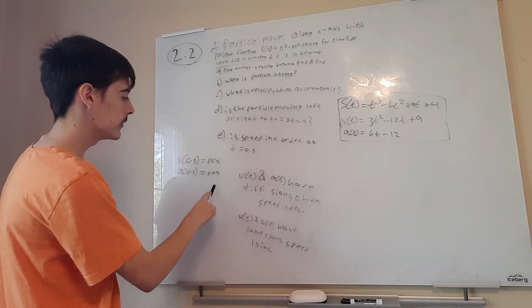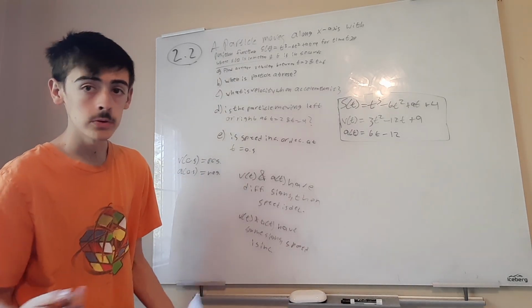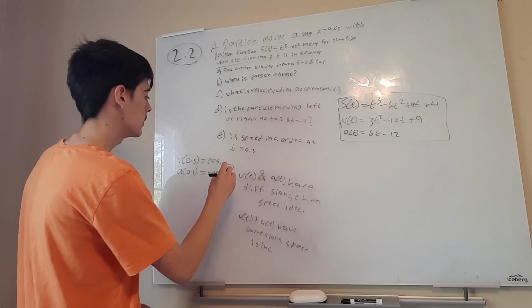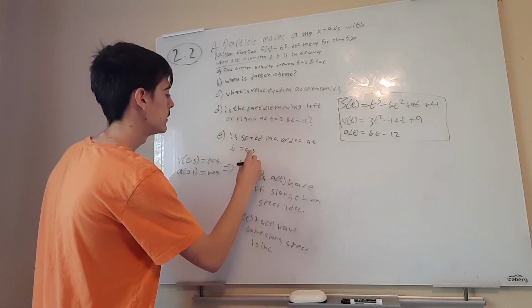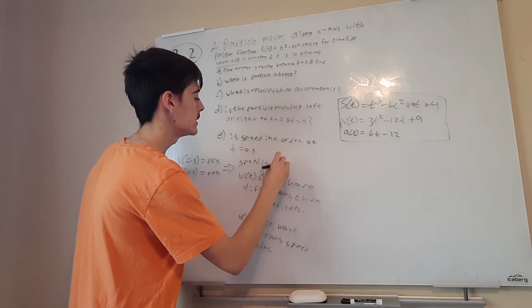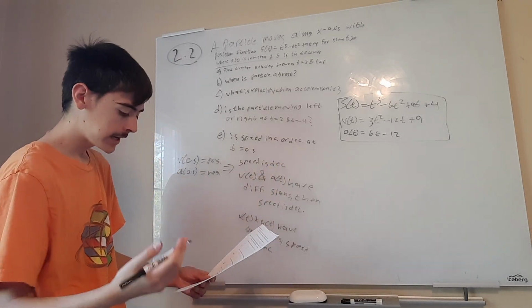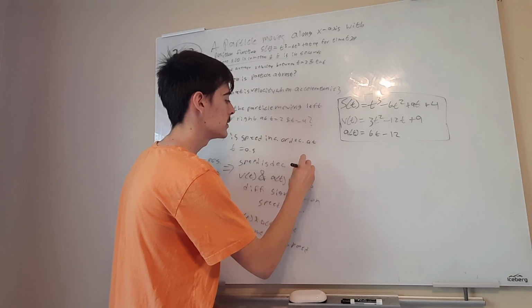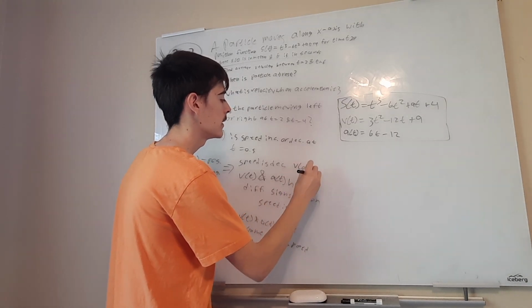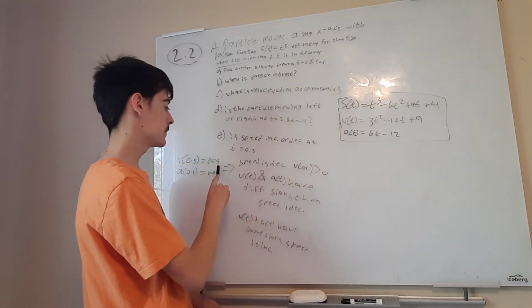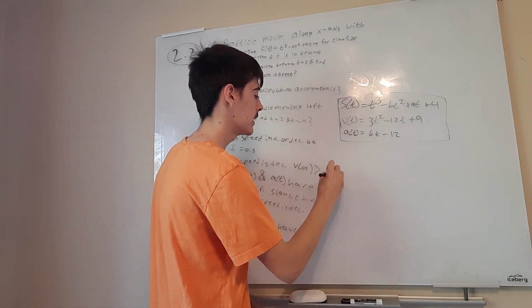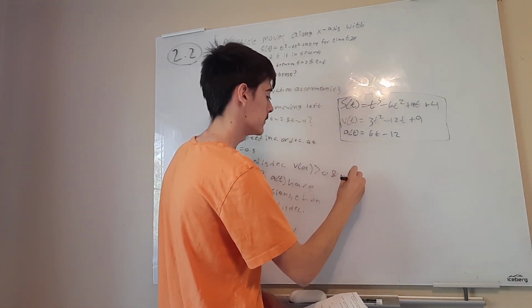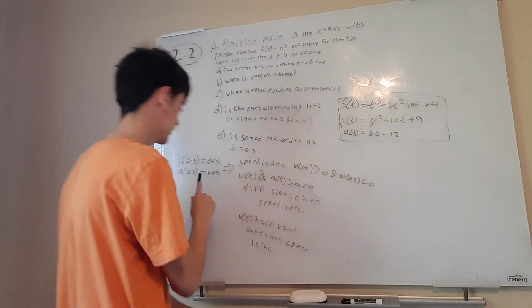Because they're differing, that means that speed is decreasing. If we needed to provide a justification, we would say that because v of 0.5 is greater than 0, because it's positive, and we would also say that a of 0.5 is less than 0, because it's negative.